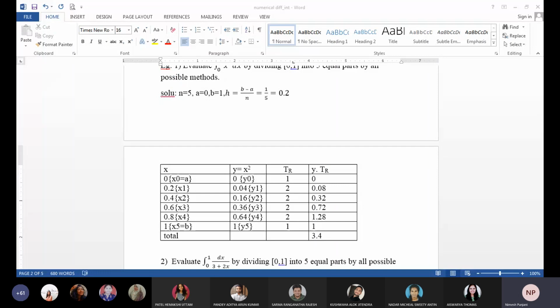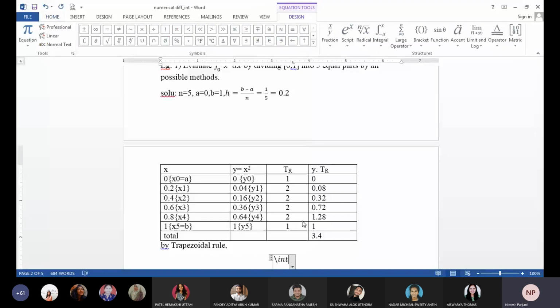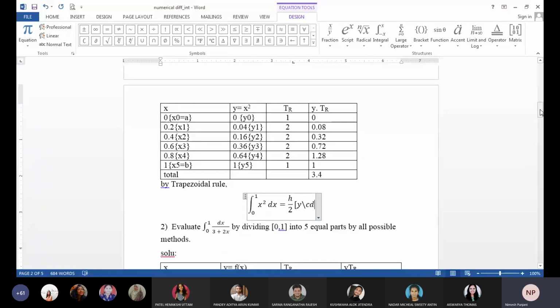Okay. So now by trapezoidal rule, integration 0 to 1 of x square dx equals h by 2 times the formula above, or you can also write summation of y into TR.